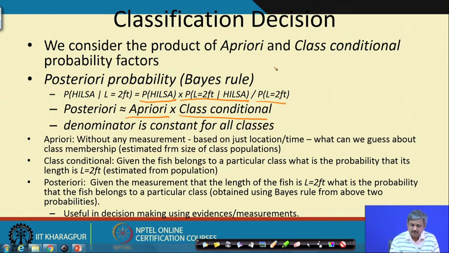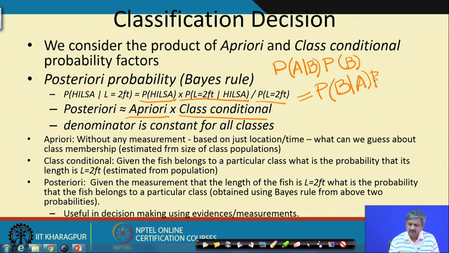Why posterior? You know the Bayes rule, which says that P of A given B into P B equals probability of B given A into P A. So, what I actually do is bring this to the denominator of the right hand side, and make it P B.